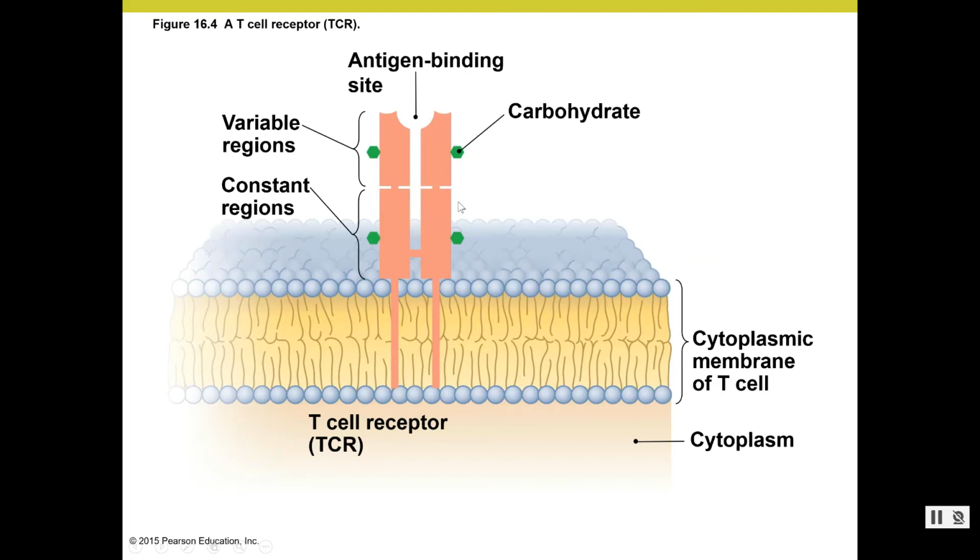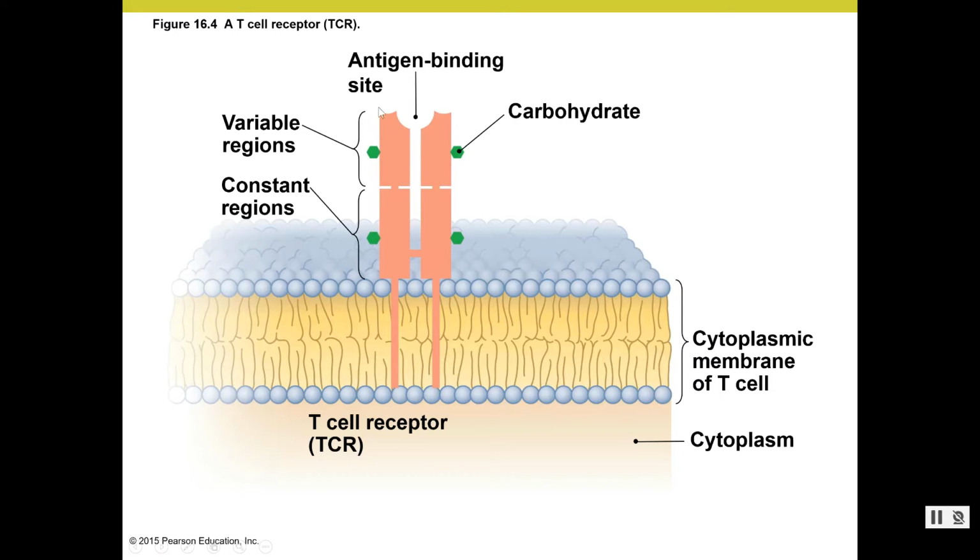Now, we will have a different T cell that will have T cell receptors, and this part will all be the same, but each T cell is going to have a unique antigen binding site that's going to allow it to undergo the specificity part of this third line of the defense.